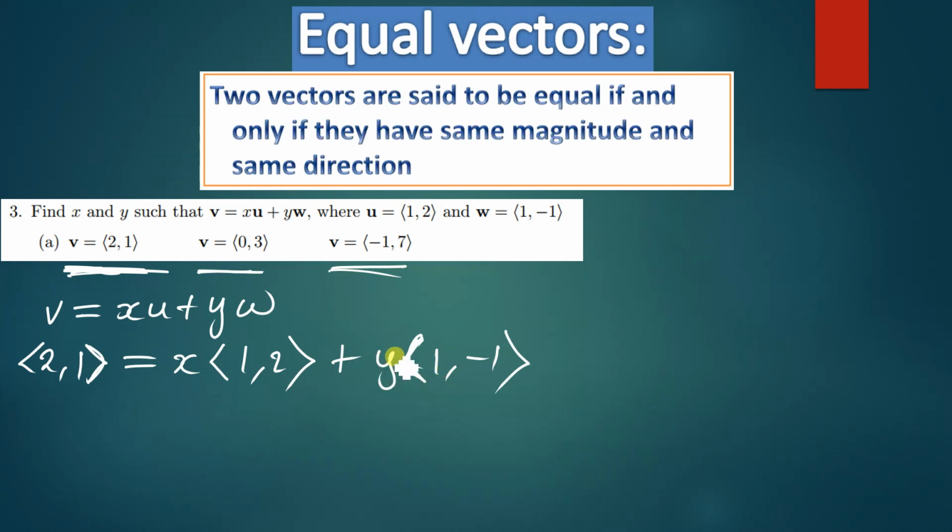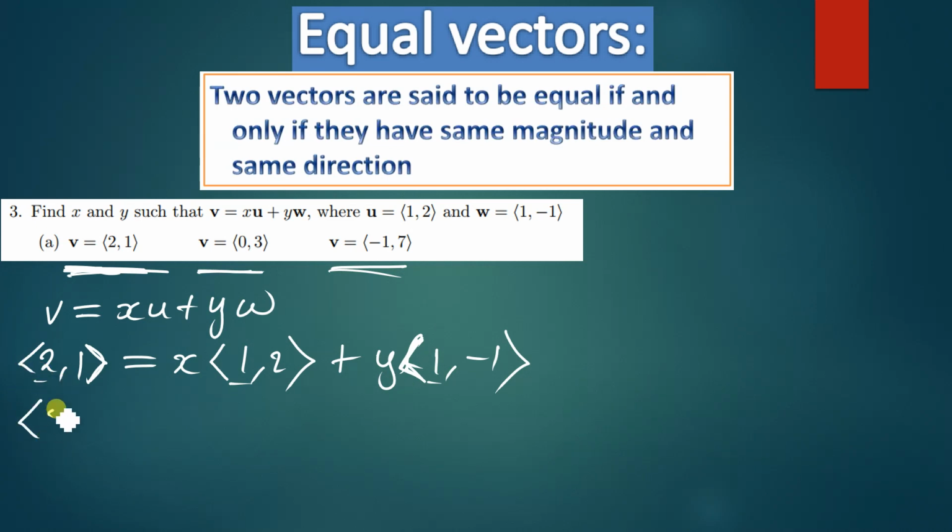So now what you need to do here is to pair the corresponding terms. You put the corresponding components together, or you separate them according to their components. But before I do that, let me first open the brackets by multiplying this X through the vectors, and Y throughout this vector there.